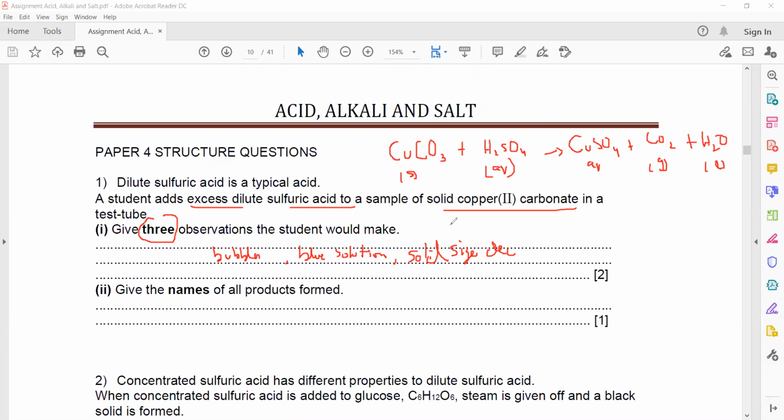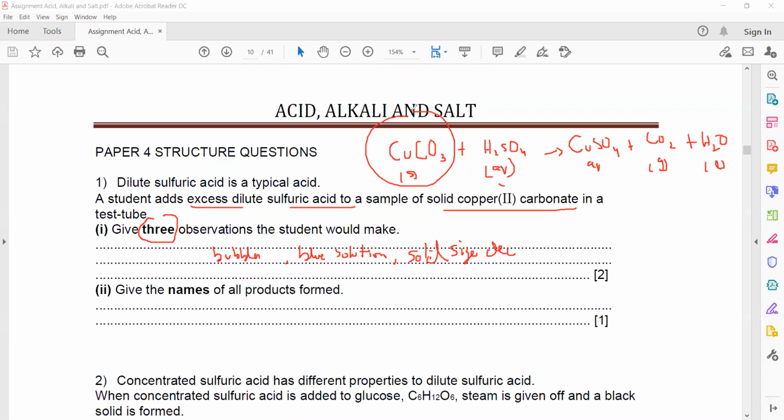Give the name of all the products. So what are the products? Copper sulfate, carbon dioxide, and water. Is it clear? Discussion. So why does the solid size decrease? That's because it is reacting. The colored solution, because here in this example the solid was copper carbonate.